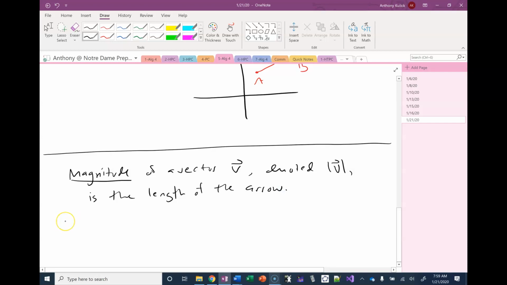Okay. We also had said that a vector has a direction.